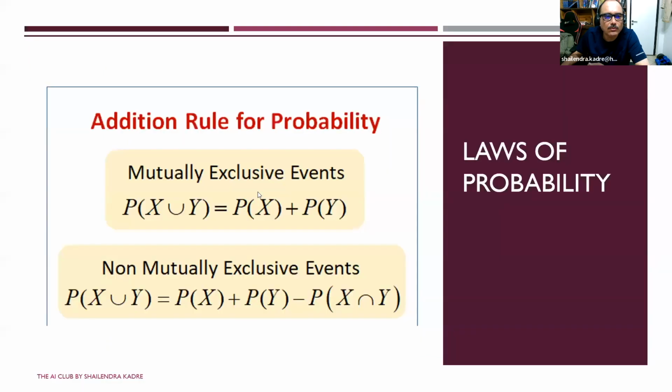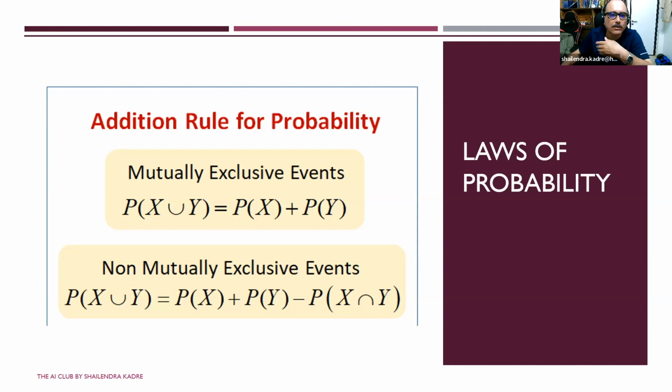Now see mutually exclusive events. For mutually exclusive events, P of X union Y will be PX plus PY, because the minus factor will be 0. For non-mutually exclusive events, it will be P of X union Y, PX plus PY minus P of X intersection Y. You should be familiar with this formula now.